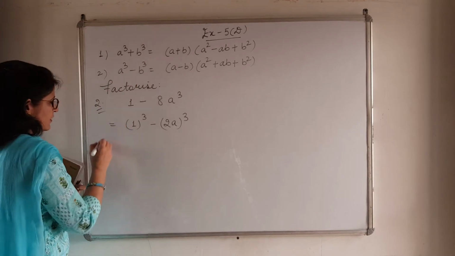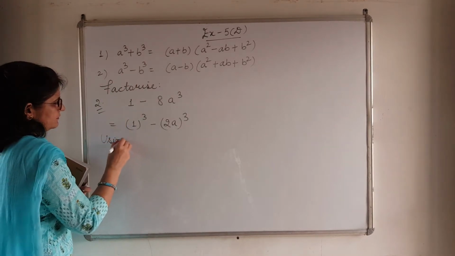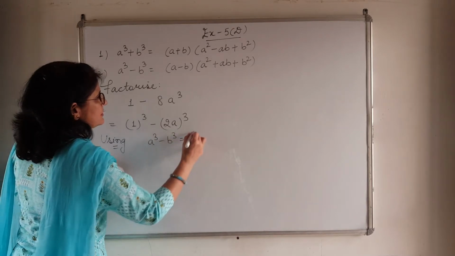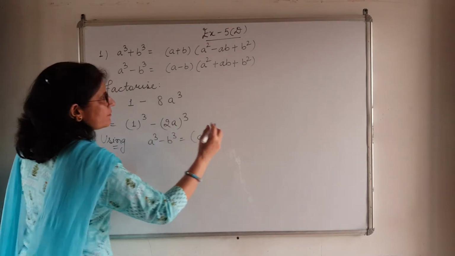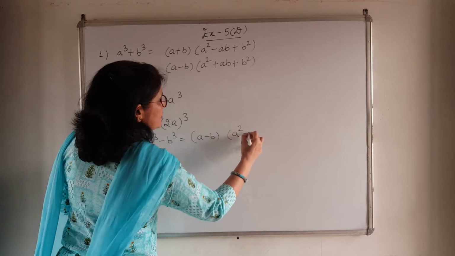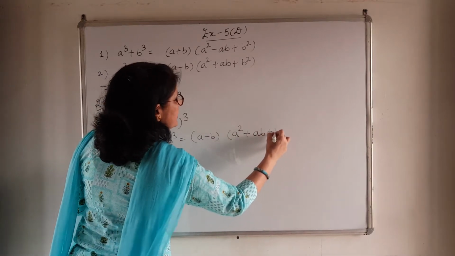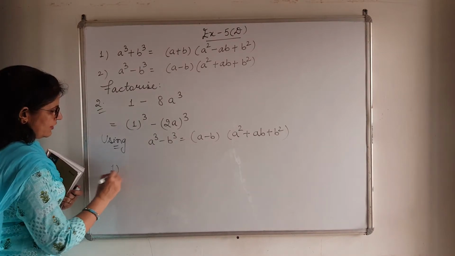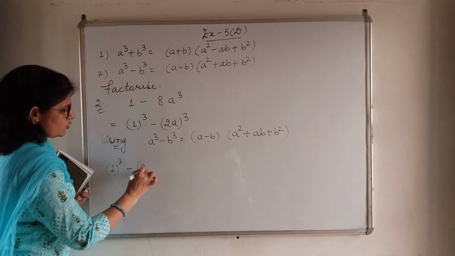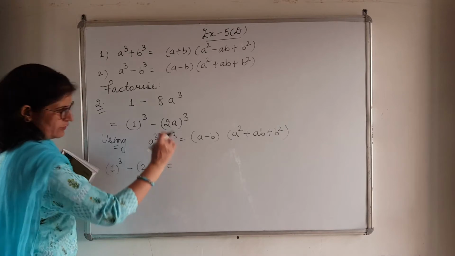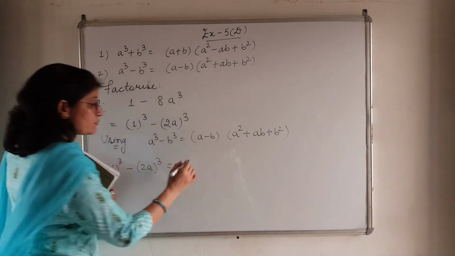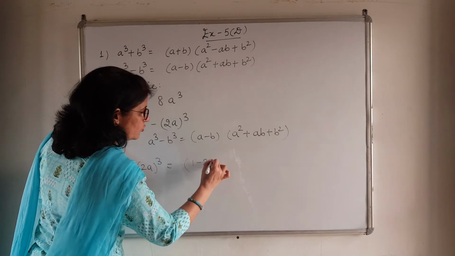Now this identity a cube minus b cube, that means we will follow the second one: a cube minus b cube equals a minus b, a square plus ab plus b square. What we will get? 1 cube minus 2a cube equals, we compare them. So our first factor, difference of these two terms, 1 minus 2a.